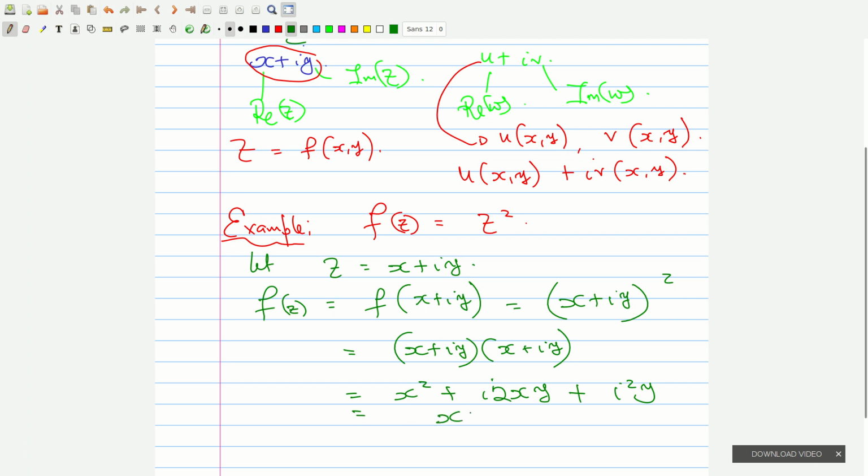So this goes to x squared, and i squared is -1, because we know i is the square root of -1, therefore i squared is -1. So we have x squared minus y squared, then plus i 2xy.